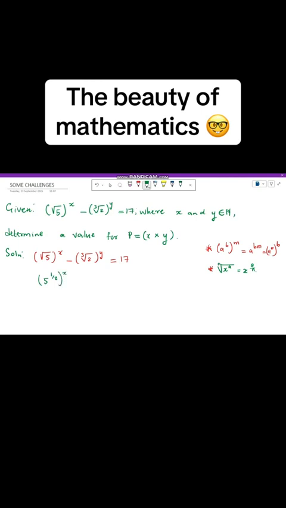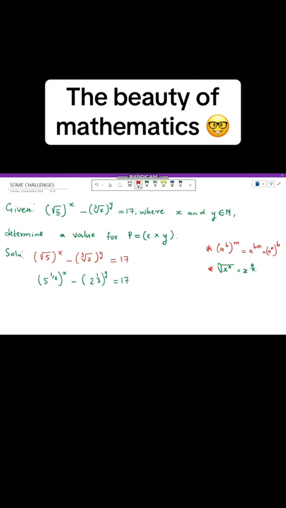So I can have 5 to the power of half all to the power of x, and this one, my index is 3, so I can express this guy as 2. What is my radicand? It is 1 there, so I can have 1 over 3, then all to the power of y equals 17.